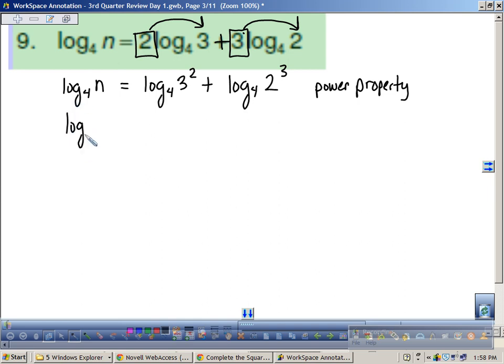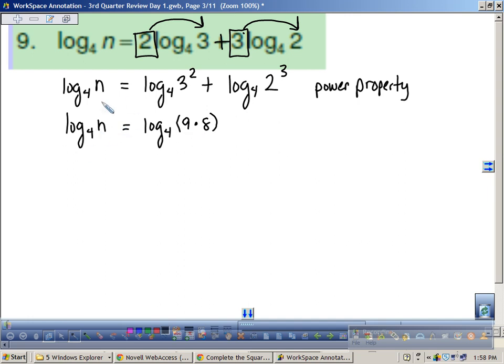So log base 4 of n equals log base 4 of 9, and I can use the product property, and instead of this being addition, I can combine the two and make it multiplication. Okay? Now I've got all straight multiplication, right?